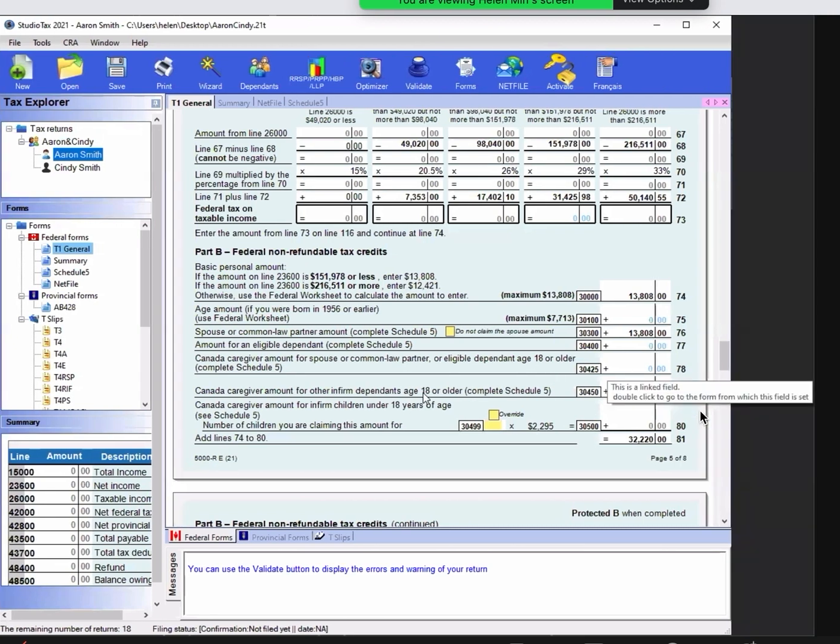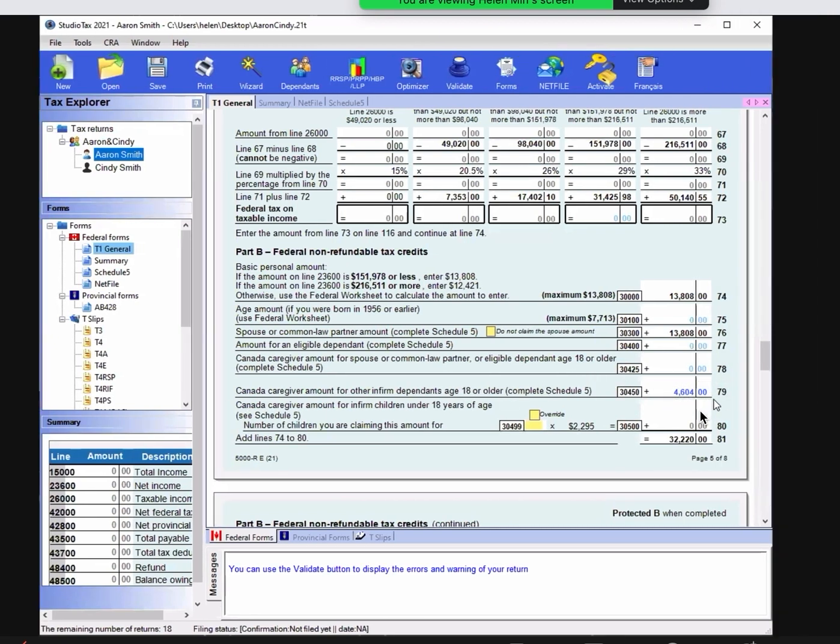If the net income is too high, you won't get anything for line 78. Then 79 is the caregiver amount for other infirm dependents age 18 or older, you put it here. Line 80 is the caregiver amount for infirm children under 18.